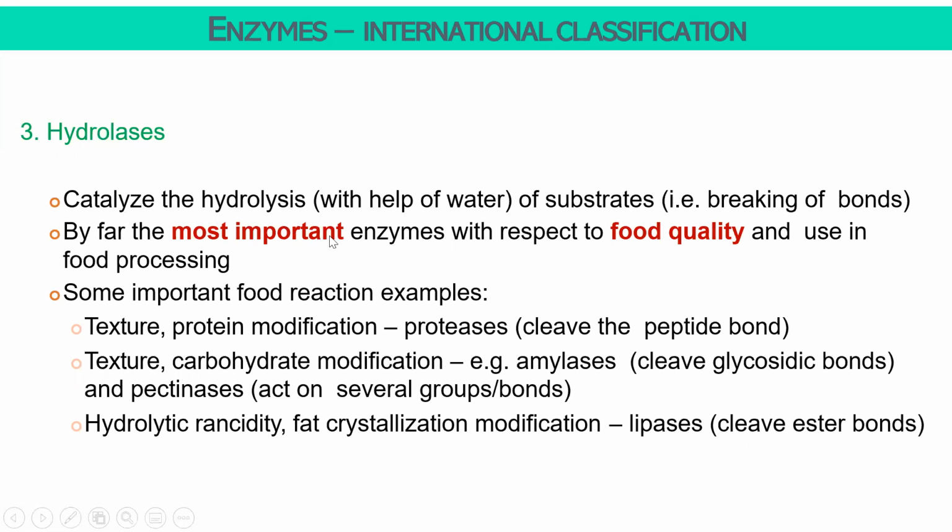And this is the most important enzyme class with respect to food quality and for use in food processing. Some examples: proteases help in texture or protein modification. There are amylases, and then there are lipases. These are all related to food and how the food breaks down. So this cleaves the peptide bond, this cleaves glycosidic bonds, this cleaves ester bonds. All of these are cleaving bonds.